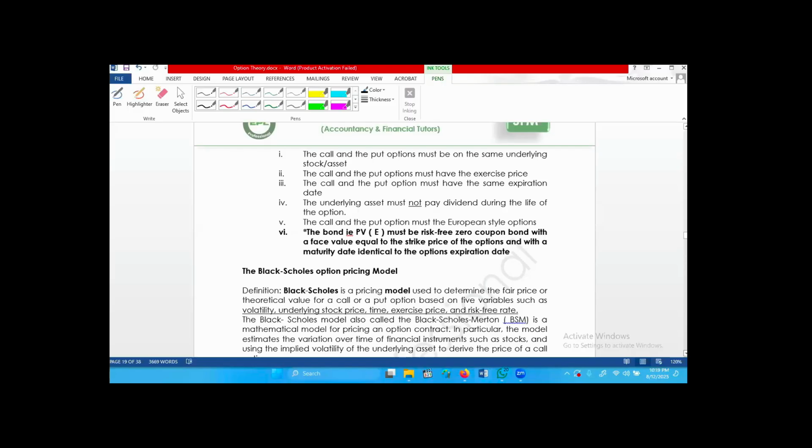The input variables are underlying asset price, time to maturity, the exercise price, the risk-free rates, and volatility.